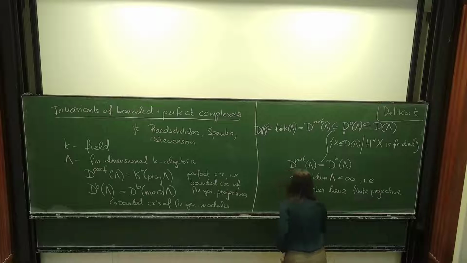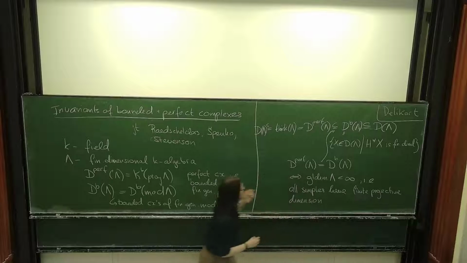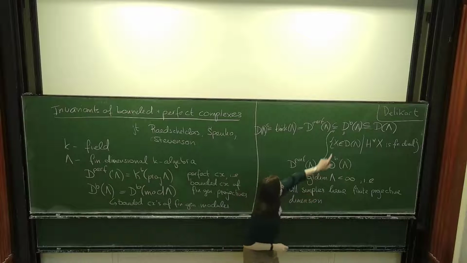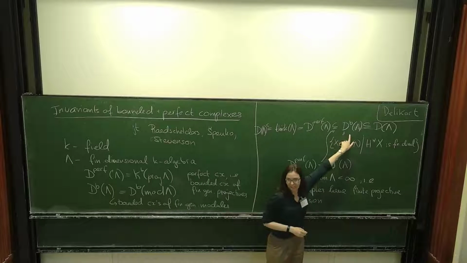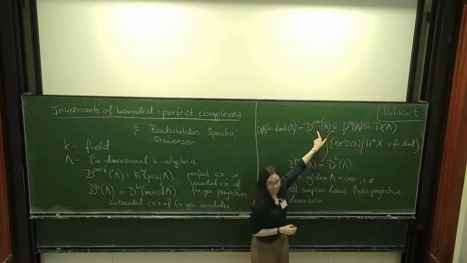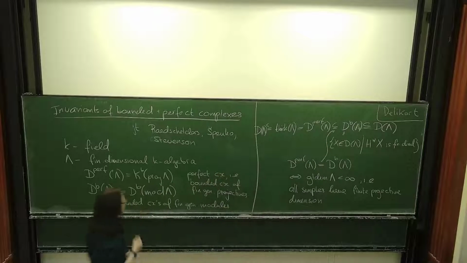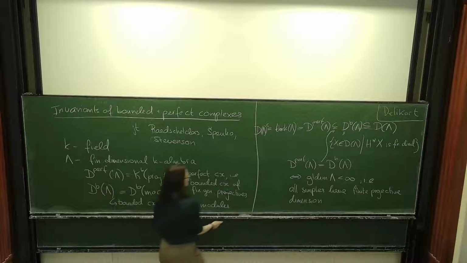And now the point that's kind of important to us actually is, right, because we work over finite dimensional algebras, the simples generate the bounded derived category, right? So if they are already in here, then everything is just equal. Okay, very good.